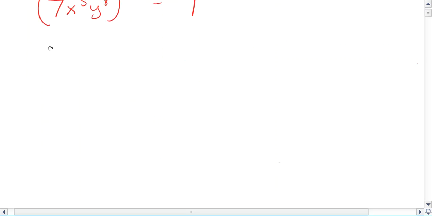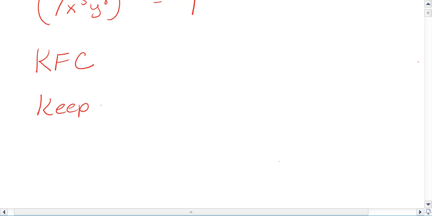All right, and then this last one on the table here is negative exponents. Quick review of that, we talked about KFC, which does not stand for Kentucky Fried Chicken. The K stood for keep. In other words, you keep the positive exponents where they are, don't change their location.